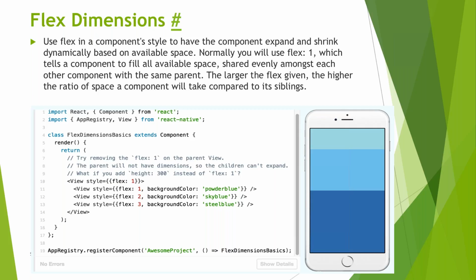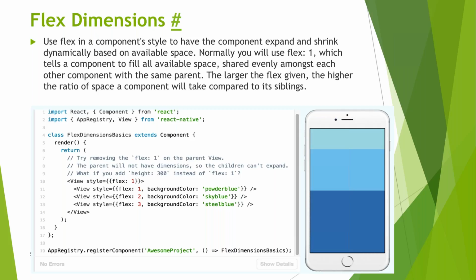In this case, the first view says flex 1, second says flex 2, and third says flex 3. In simple terms, the third view will be 3 times the first view, and the second view will be 2 times the first view. So the screen will be divided into 6 components.